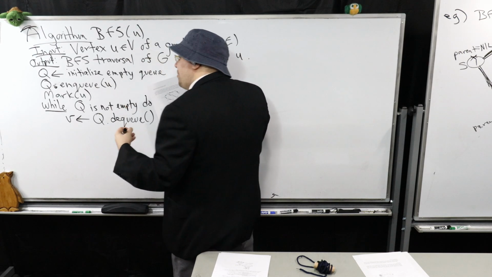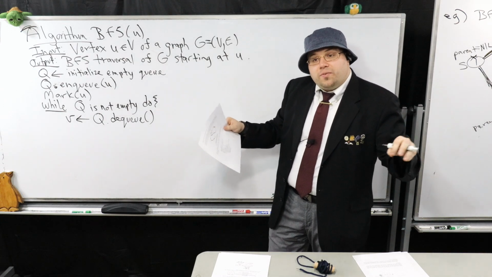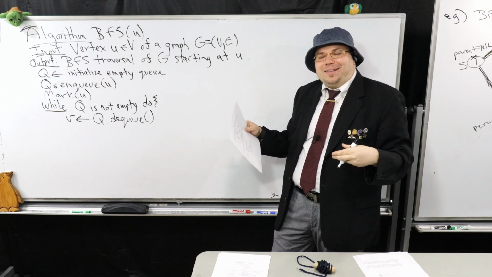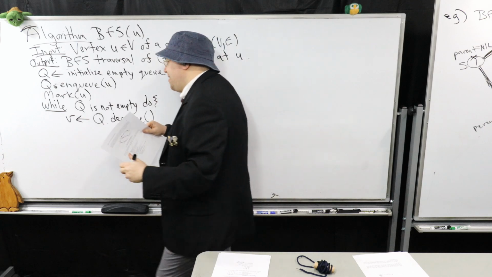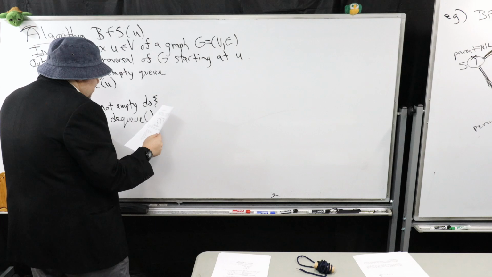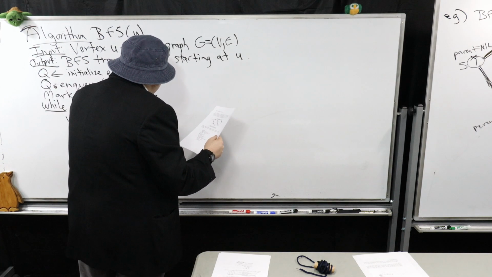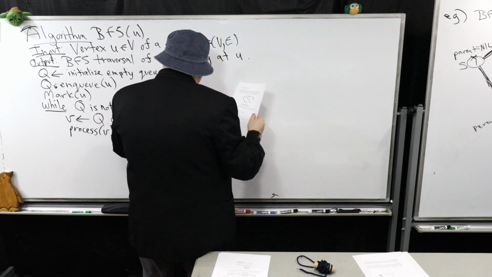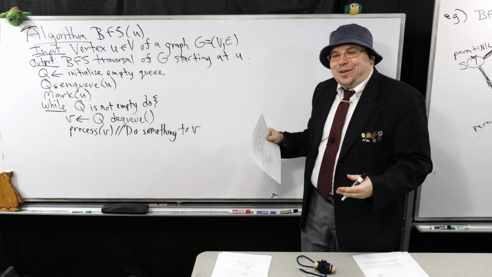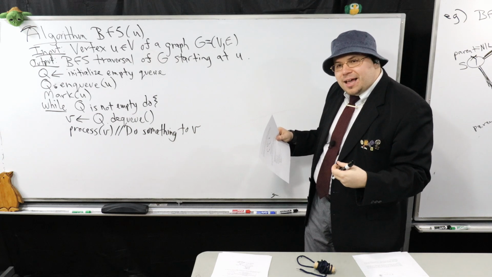Now, I must stress that I'm going to write this in a way so that it's very easy to modify to solve other problems. So I'm going to throw a subroutine in here that I have no idea what it does. It just does some processing on the graph. I'm just going to call that process V, and I'll say do something to V. It could be that it visits it, it updates a counter, or something like that.